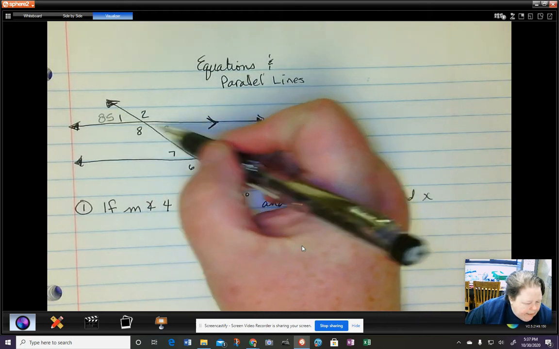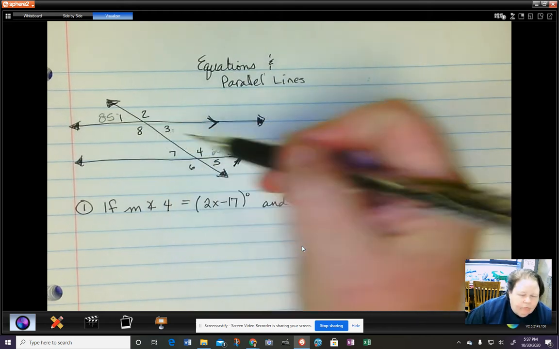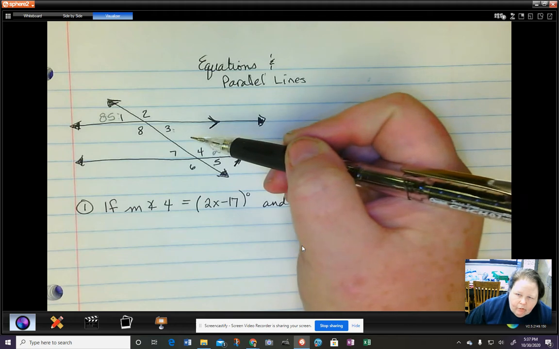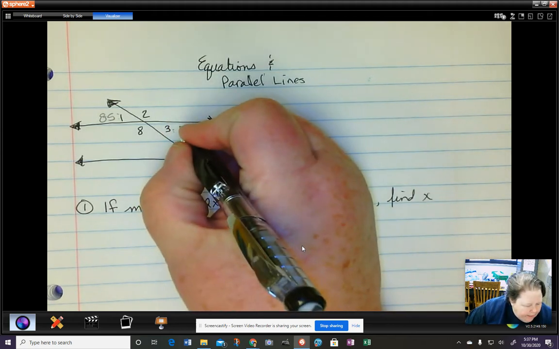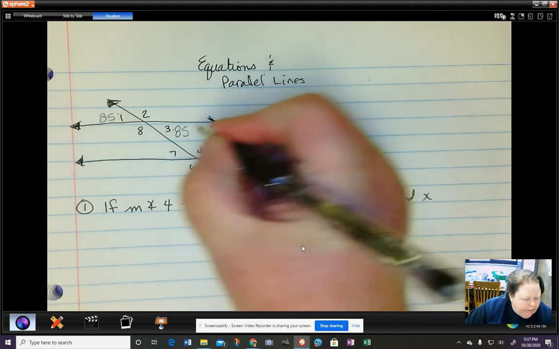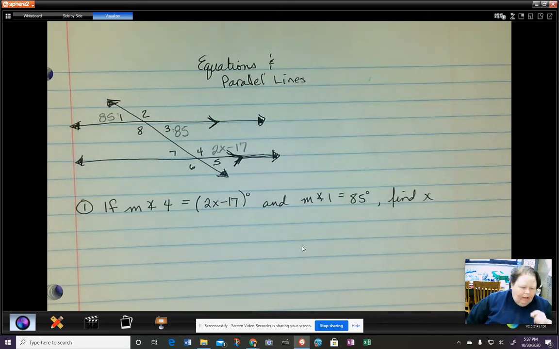Angles 1 and 3 are what kind of angles? They're vertical, so angle 3 is 85 degrees. And what do you remember about same side interior angles? Starts with an S. Same side interior. S begins what other big word?